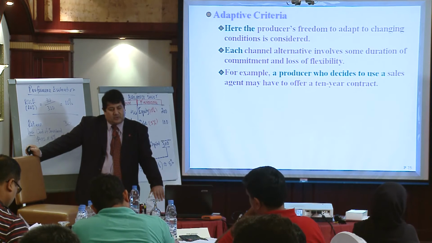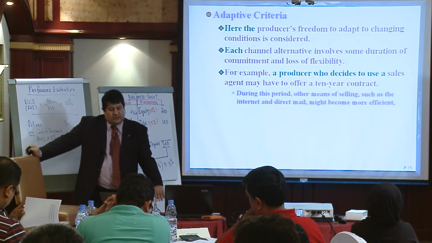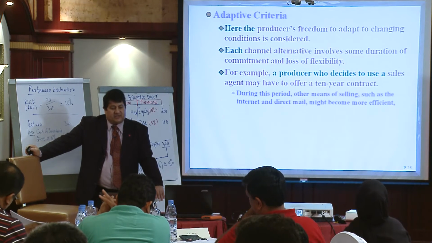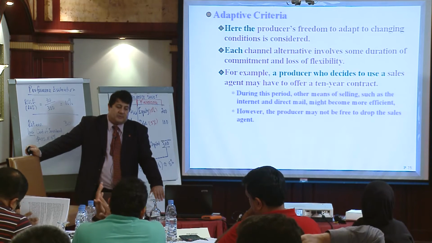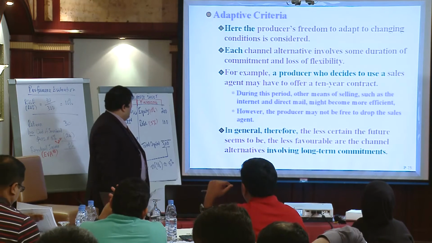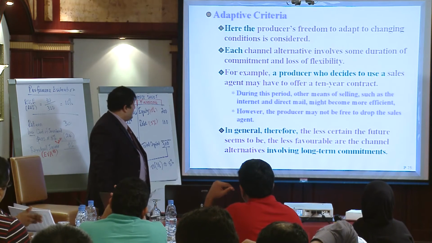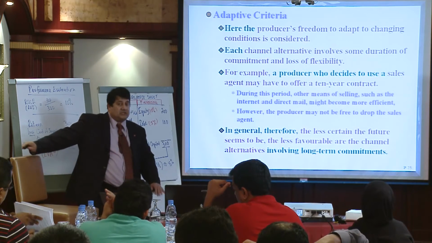For example, a producer who decides to use a sales agent may have to offer a 10-year contract. During this period, other means of selling, such as the internet and direct mail, might become more efficient. However, the producer may not be free to drop the sales agent. In general, therefore, the less certain the future seems to be, the less favorable are channel alternatives involving long-term contracts.